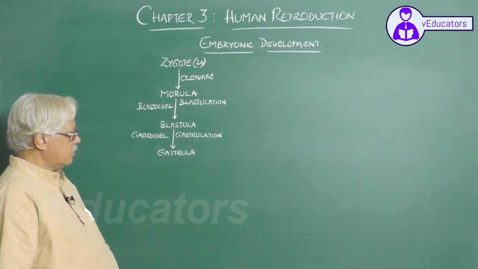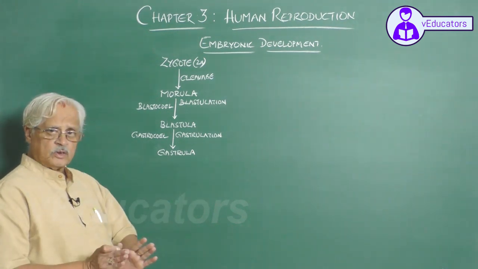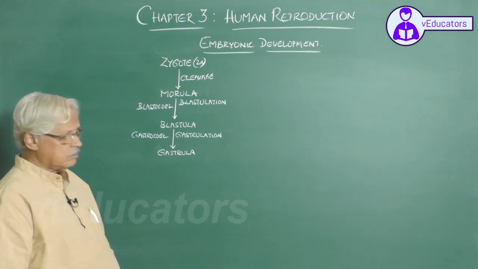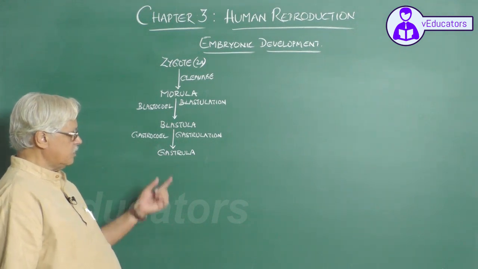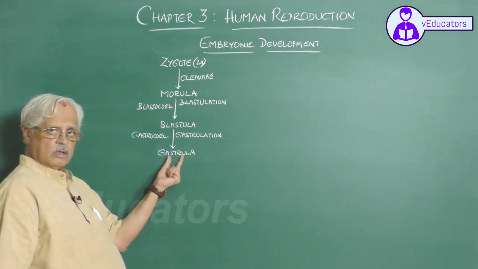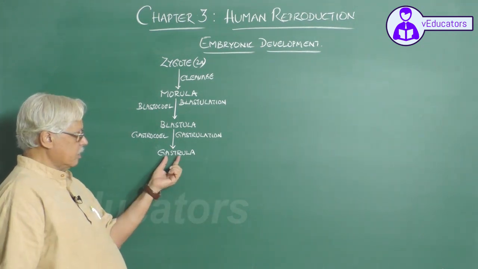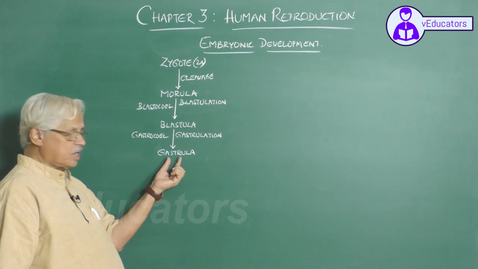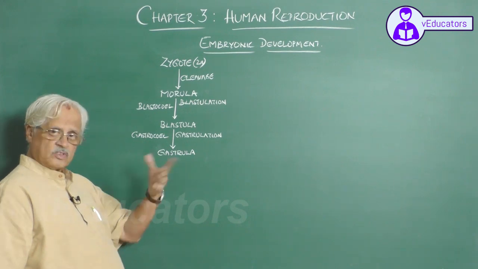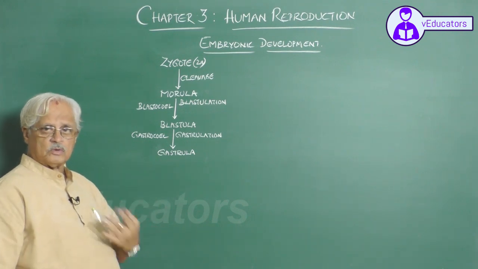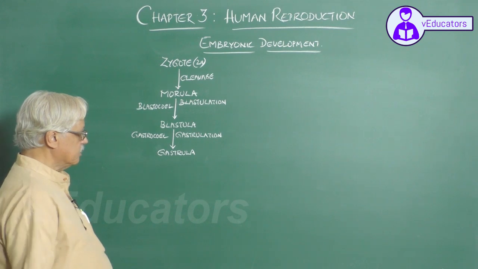Subsequently, embryonic development proceeds in two different directions in different groups of animals. The two layered gastrula leads to diploblastic animals. In the majority of animals, the gastrula becomes three layered, giving rise to the triploblastic animals.